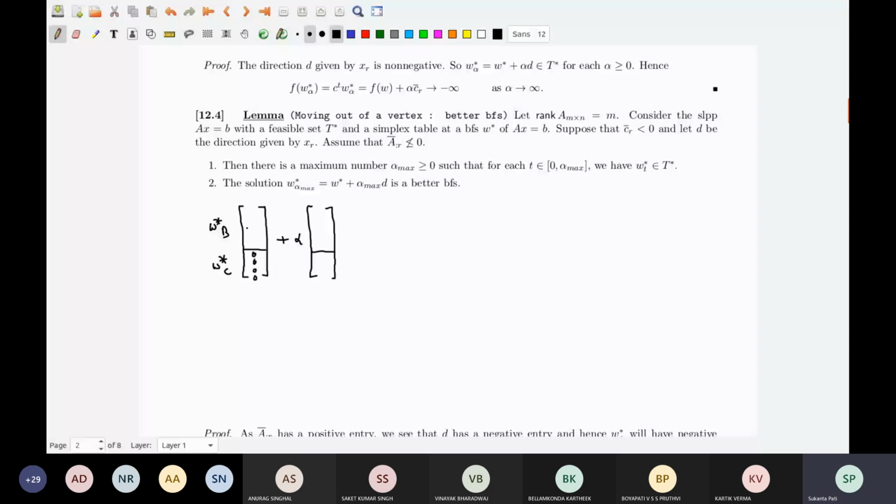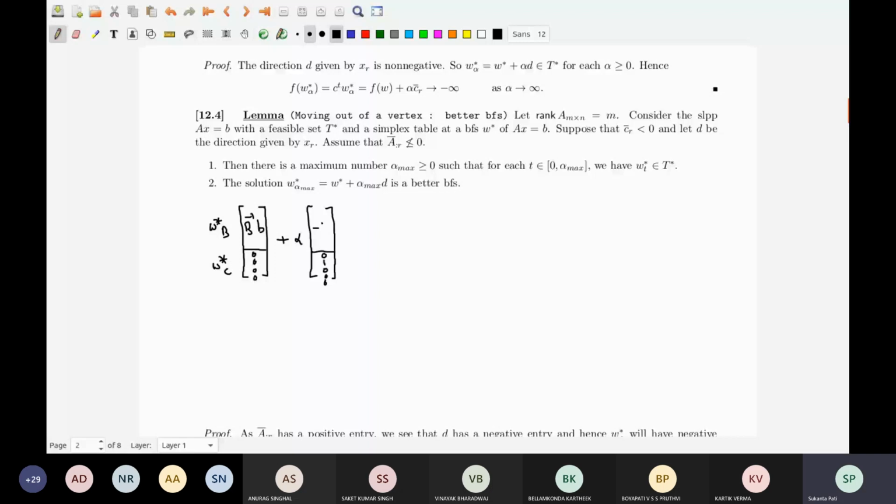Fine, no problem. And what about alpha? The non-basic part of D is such that at one place it is 1 and at other places it is 0. And the basic part was minus the rth column of A bar.